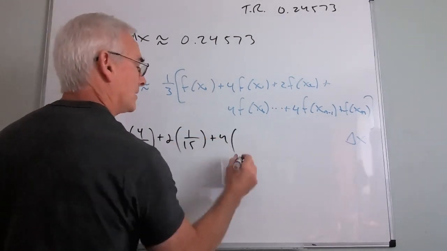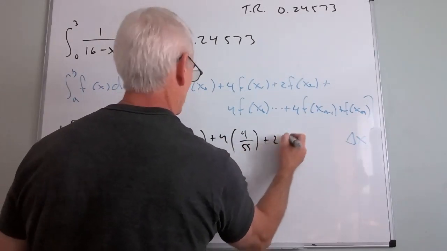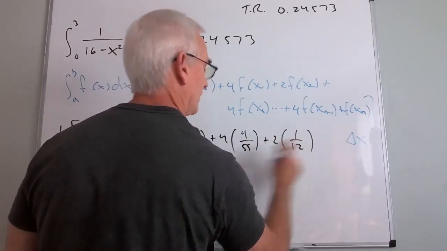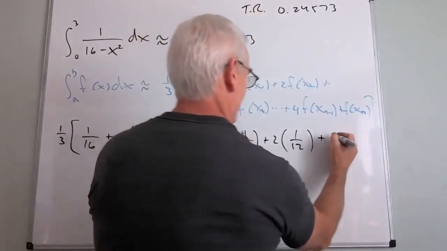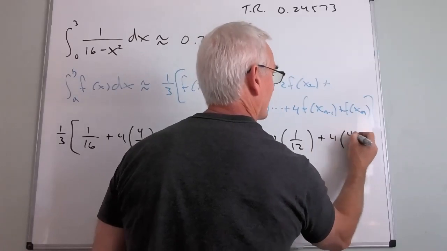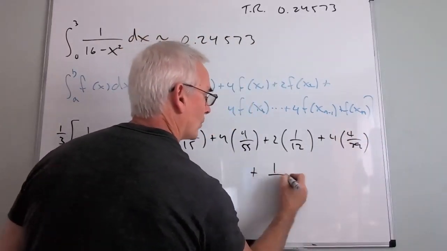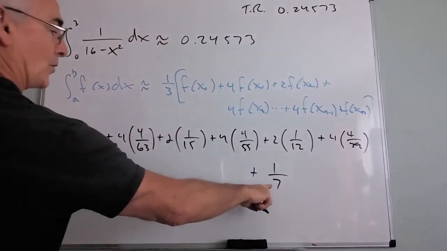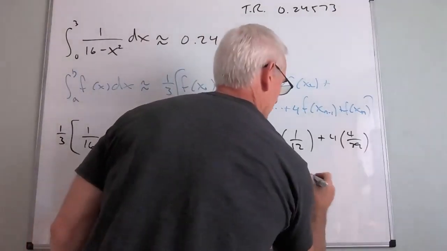And then 4 times 4/55. And then 2 times 1/12. Can I get one more? 4/39. And then there was one more, plus 1/7. 1/7, and that's the last one. Those guys don't get coefficients. And again, our delta x was still a half.